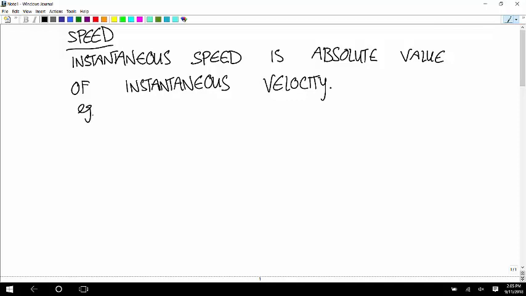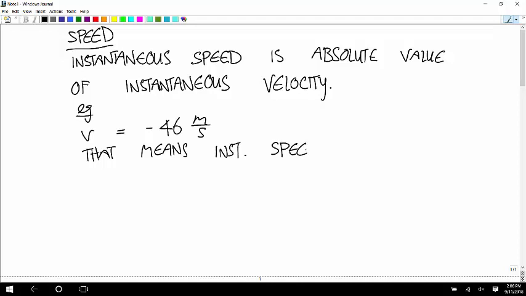So, for example, if you have an instantaneous velocity of negative 46 meters per second, that means the instantaneous speed is 46 meters per second, and the object's moving in the negative direction.